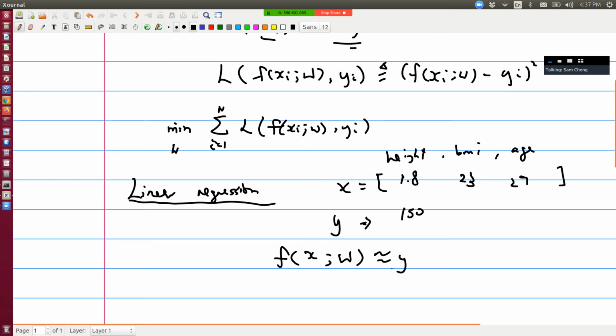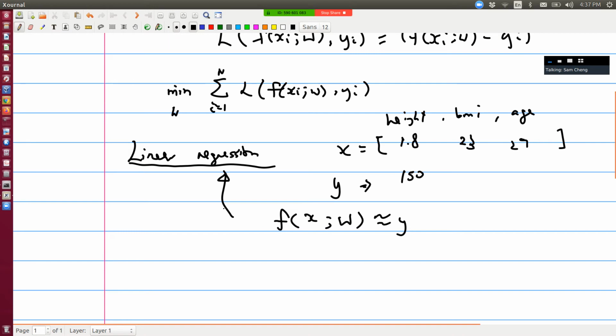For linear regression, as the name suggests, it would be just a linear thing. So our model will be simply f(x, w) defined as the sum over k of wk xk, something like that. In this case, k goes from 1 to 3.